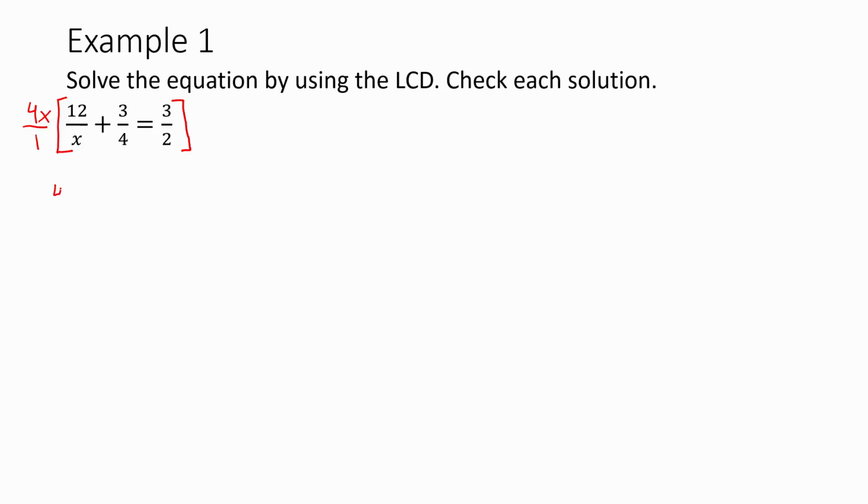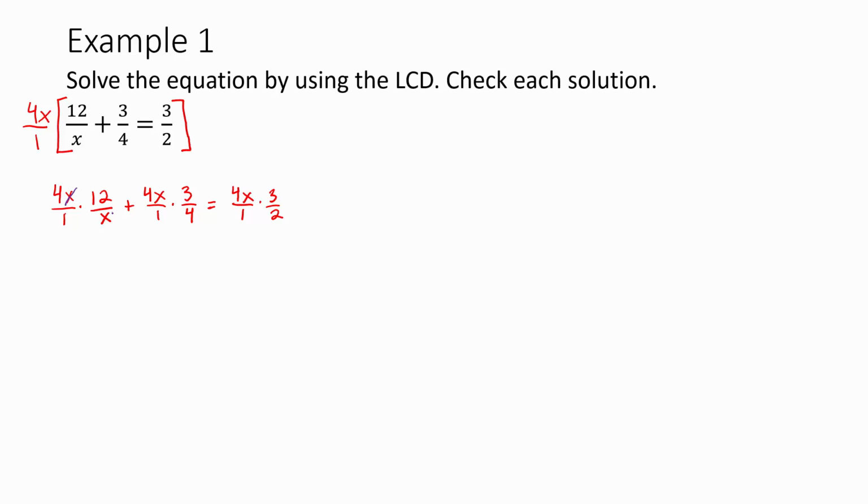Now I'm going to write it out on this one to make sure that we understand what's going on. You do not have to write it out every single time, but here's what we're doing. We're putting this 4x over 1 with all 3 of these fractions. And then we are going to cancel out things in the numerator and the denominator that are in common.